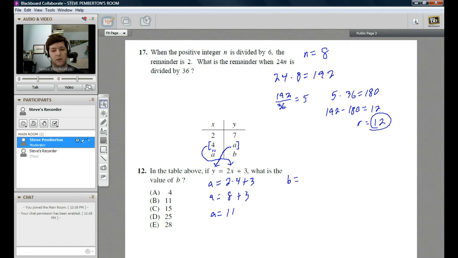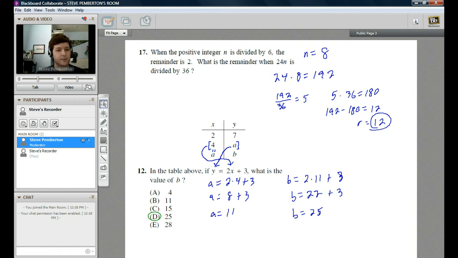So b equals 2 times 11 plus 3. Well, that's b equals 22 plus 3, or b equals 25, which is exactly what an answer says. Answer D.